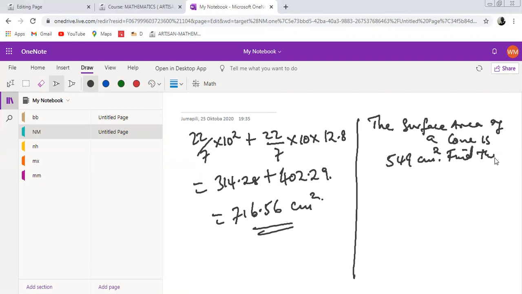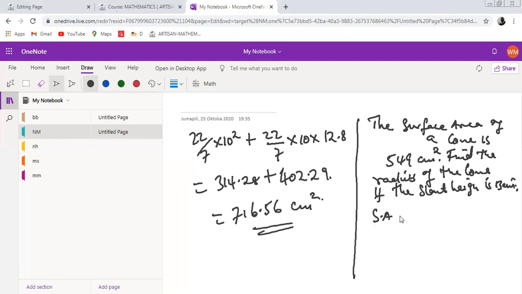Find the radius of the cone if the slant height is 13 centimeter. You have been given the surface area, 549, and the slant height, which is 13 centimeter. Now you are supposed to calculate the radius of that particular cone.